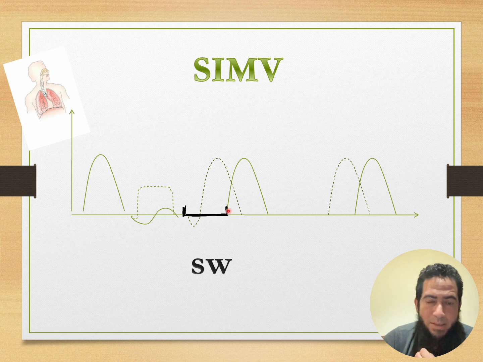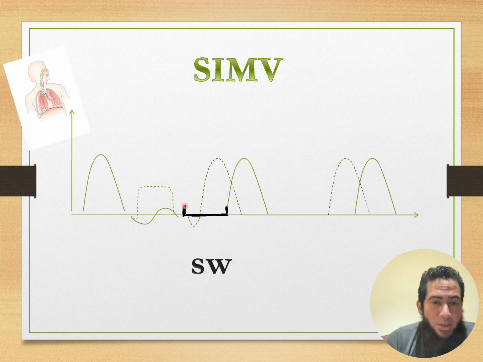So the problem is not the initial part of the interval, it's the late part of the interval. That's why in SIMV, the interval between each two breaths is divided. The later part of the interval is called the synchronization window, the SW.